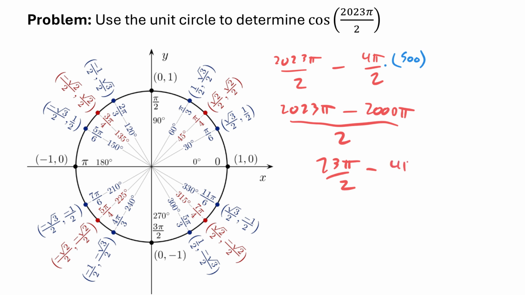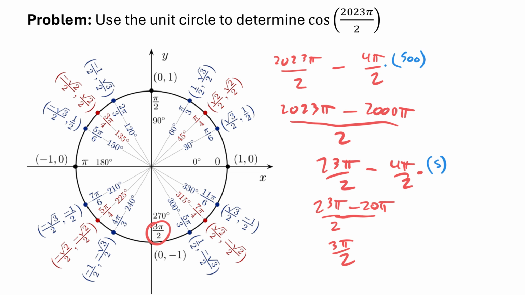So let's subtract another 4 pi over 2 times, maybe times 5 again, because that'll be 20 pi's. That seems pretty good. So 5 groups of that. 23 pi over 2 minus 20 pi. It's going to be 3 pi over 2. Hey, look at that. We finally got a principal angle.